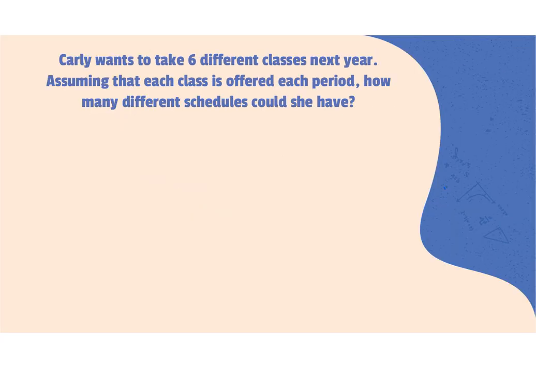Okay, Carly wants to take 6 different classes this year, assuming that each class is offered each period. How many different schedules could she have? Well, 6 different classes means if she already has a class, she can't take it again. So first period, second period, third period, fourth period, fifth period, sixth period.